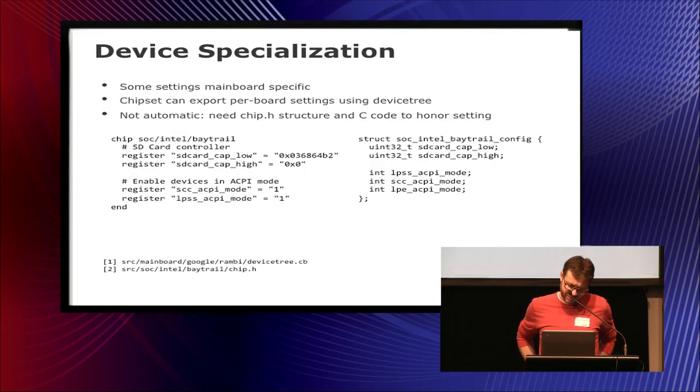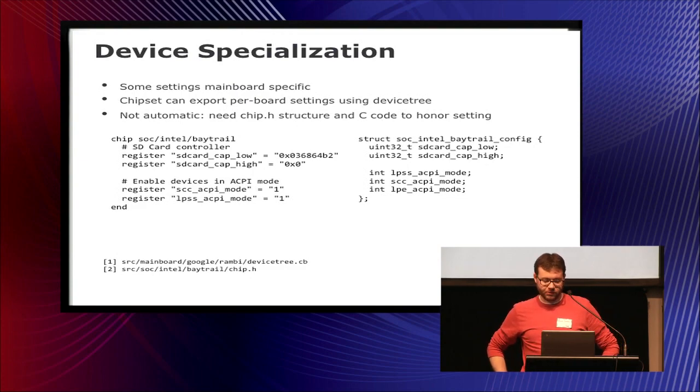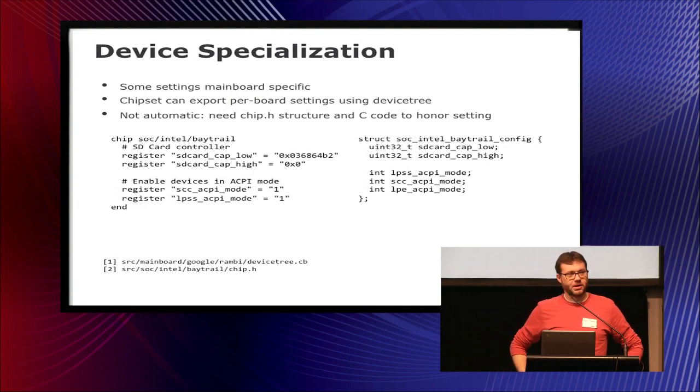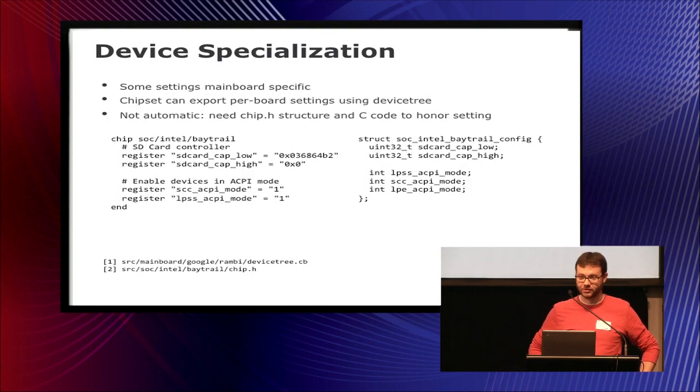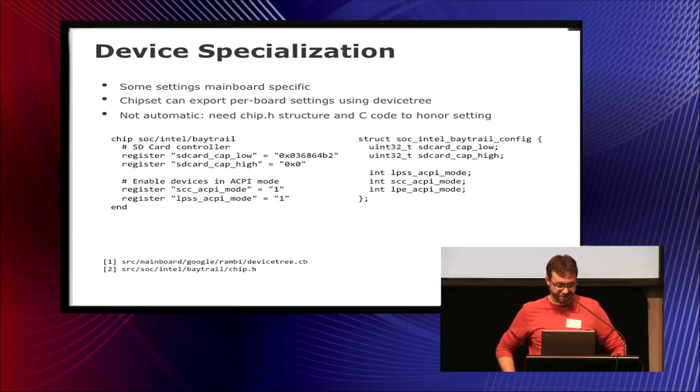Back to the device tree and device specialization. At least from our approach, we do not enumerate every possible option that could be available for changing something in the chipset, because I'm sure many of you from Intel who have read through the reference code have seen the myriad of options, which can be a little overwhelming.